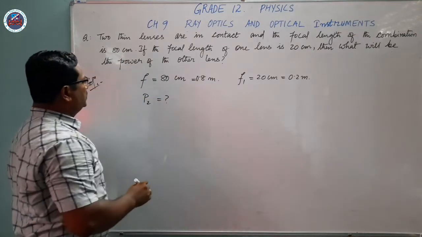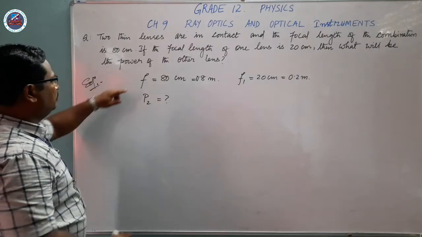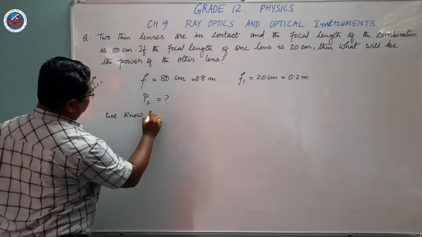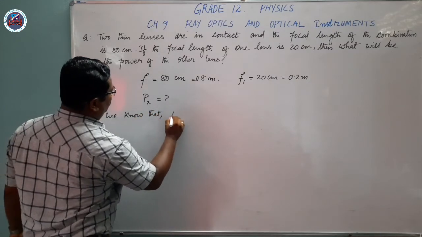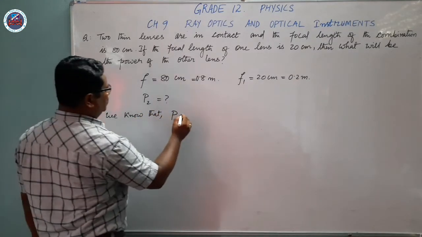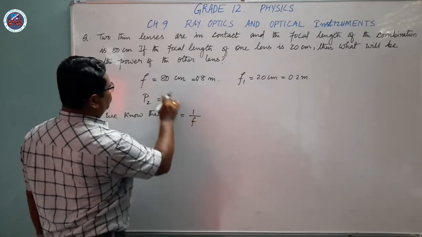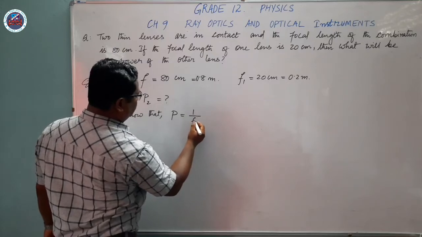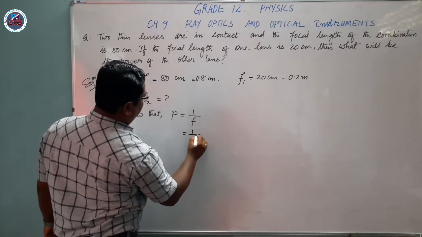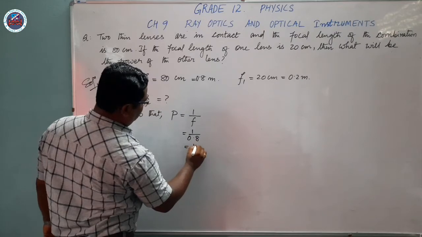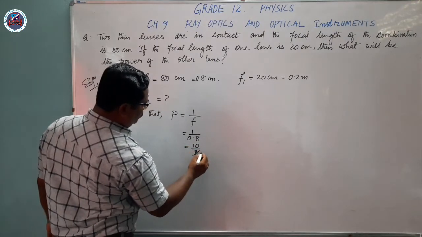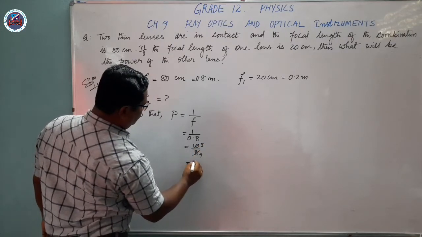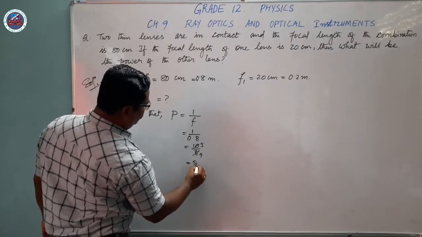From the focal length of the combination, we know that the power P of the combination will be 1 by the equivalent focal length, that is 1 by f, in meter. It is 1 by 0.8, which is 10 by 8, that is 5 by 4.